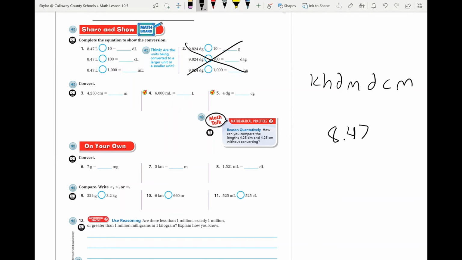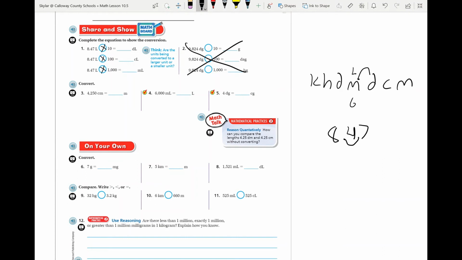So we're going from liter, remember, liters and grams, that's all in the middle right there. If we're going from liters to deciliters, we are going to move over one time. Move over one time because it's times 10.